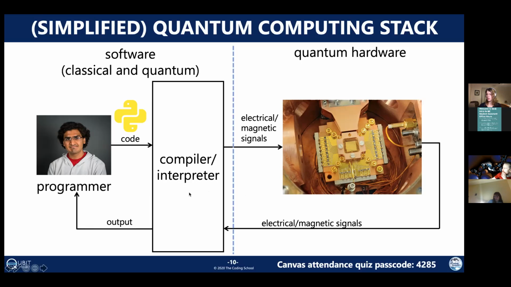In the case of Python, it's both an interpreted and a compiled language, but often it will compile things to a lower-level programming language that you don't have to know or understand. And then we can get these electrical signals back. That's how we read out our qubit state, but you'll just receive all of these as code once we get to the point of running things on a quantum computer.